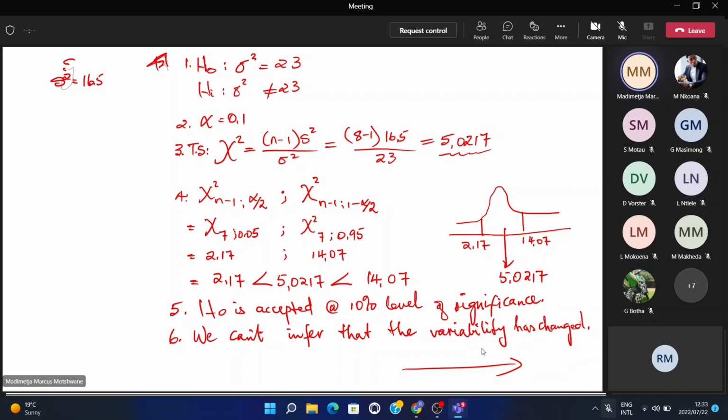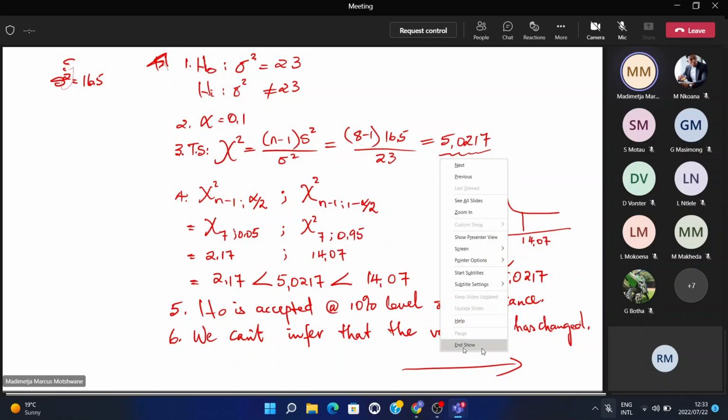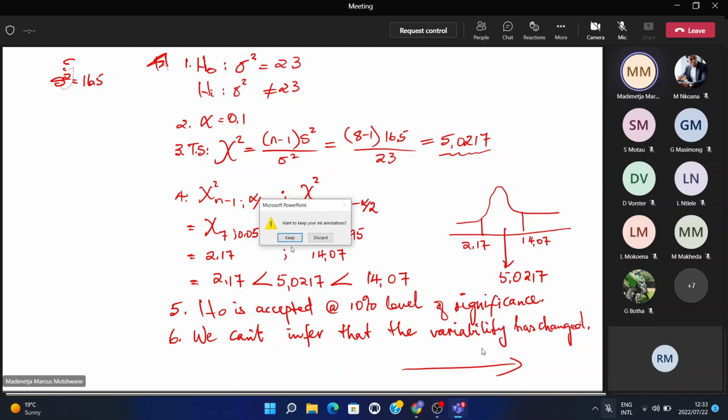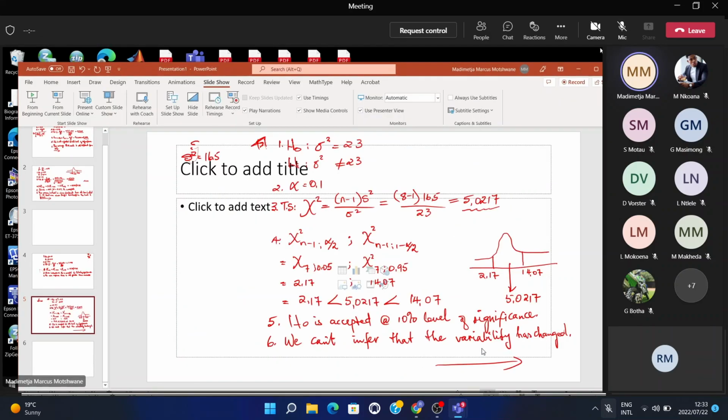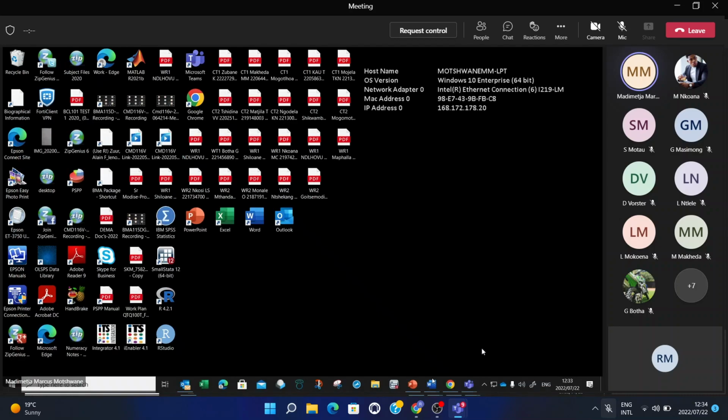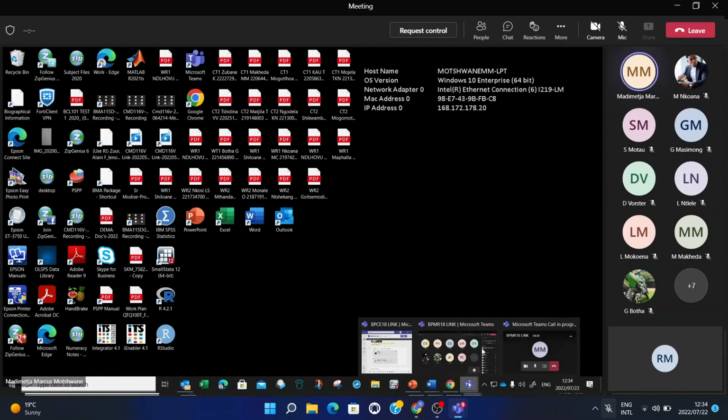So we have done all that needs to be done for a hypothesis for one population. Next week, we're going to be looking at 2 populations and see how they differ from the one population. But the basic principle will always be the same.